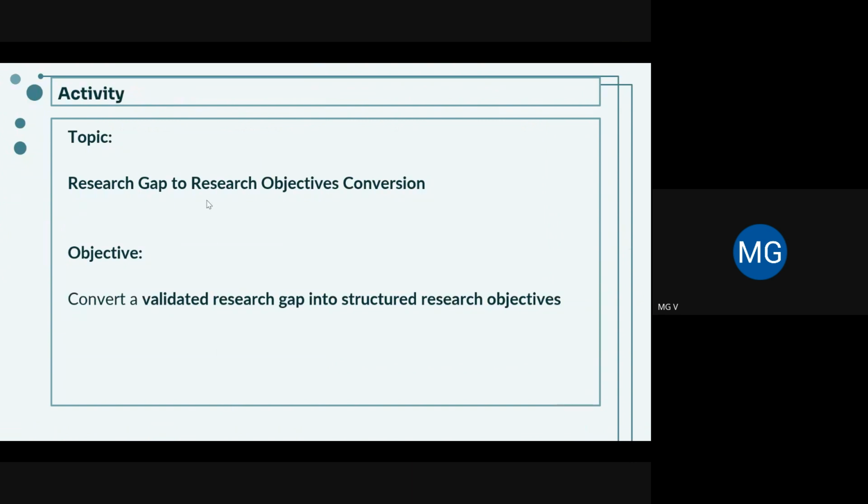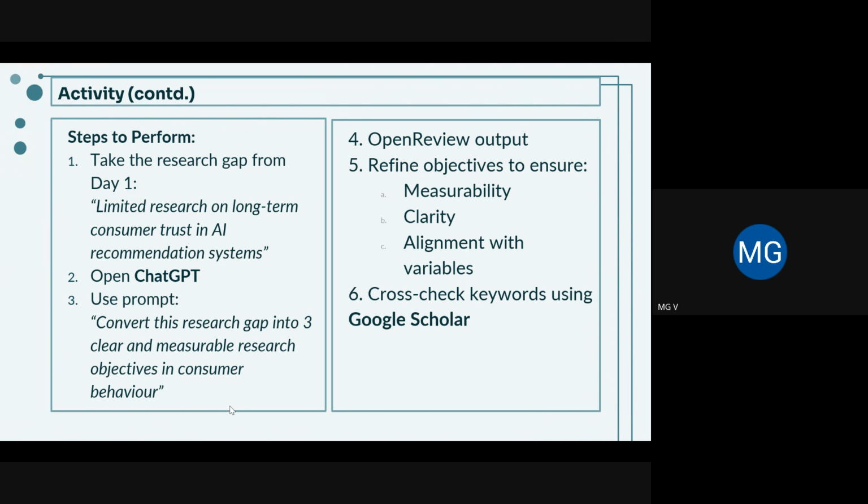Now let us perform an activity. You can try to convert a research gap into research objectives, with the objective to convert a validated research gap into structured research objectives. Now, how to do this? First, I'll explain the steps. You can first take a research gap from yesterday's session, such as limited research on long-term consumer trust in AI recommendation systems.